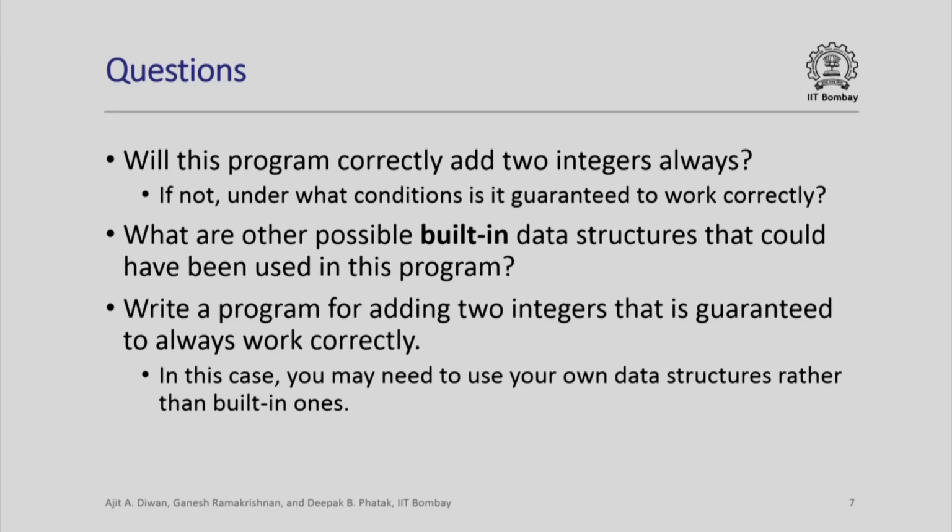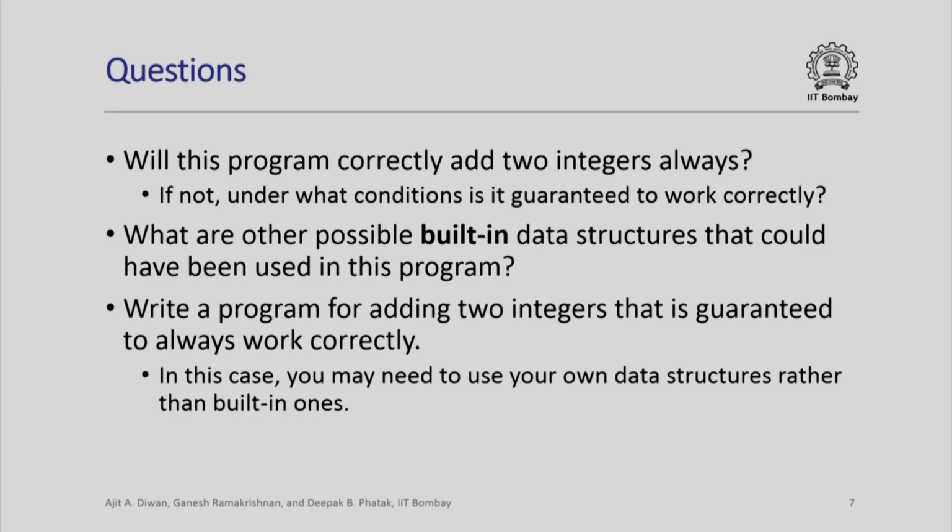So let us look at this program and some questions about it. Will this program always correctly add two integers? Under what conditions is it guaranteed to work correctly? Here there is an implicit assumption made when we use an int type to declare the variables.